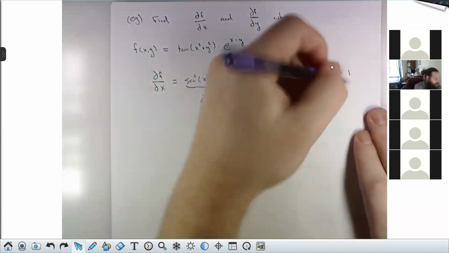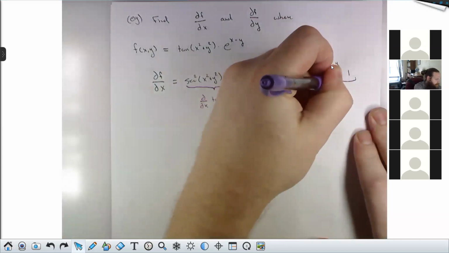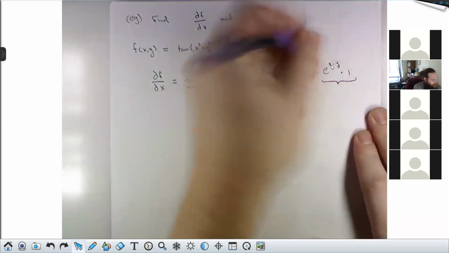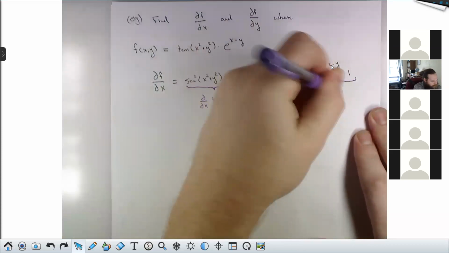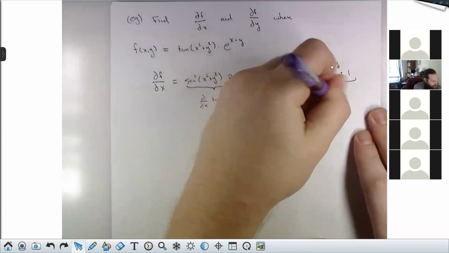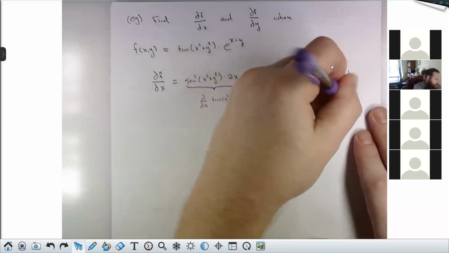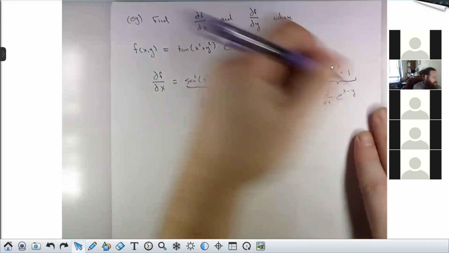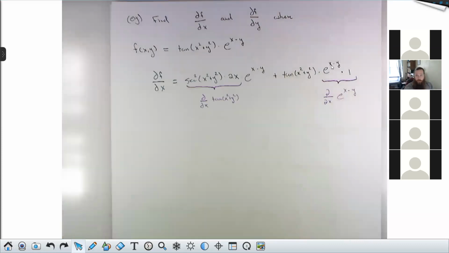And over here, this piece is what we get by taking the partial derivative of e to the x minus y. And each one of those little pieces involves some chain rule. So you've got a product rule and a chain rule going on.